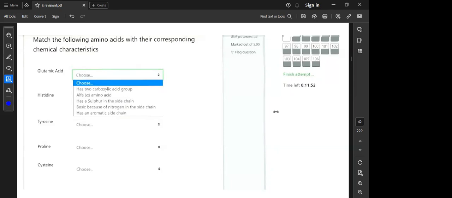Match the following amino acids with their corresponding chemical characteristics. I feel like this one you just need to know these amino acid groups and their structures. Bado sijazikram, sijui nitatoa wapi photographic memory.